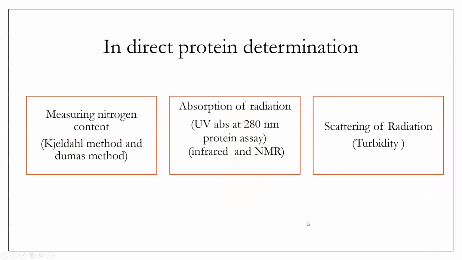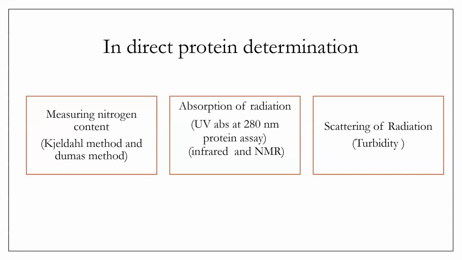When we measure this nitrogen content, we normally do it by the Kjeldahl method and the Dumas method. The Kjeldahl method measures the total organic nitrogen. In a crude protein, it will not only include the protein, it will measure all the organic N-containing compounds.